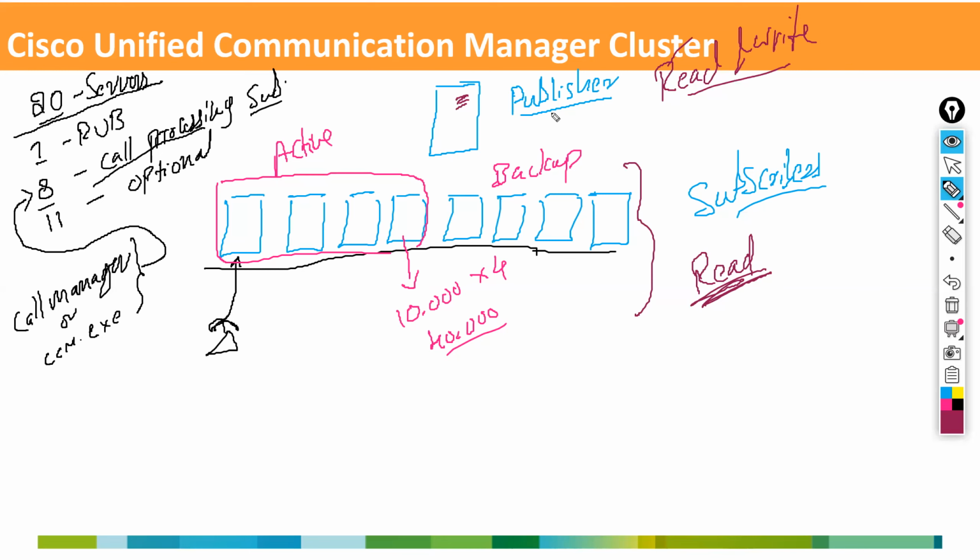Everything is done on the publisher, because on the publisher we have read and write access to the database. Once you have done that on the publisher, automatically it will be replicated to the subscribers. This is how it works.